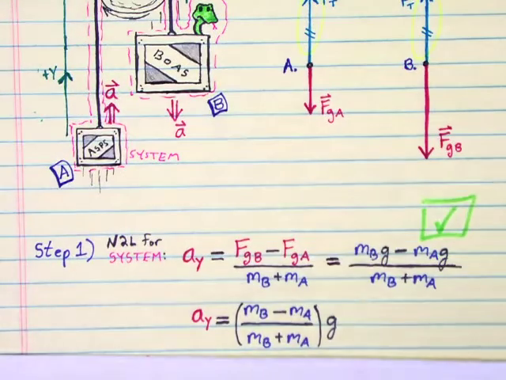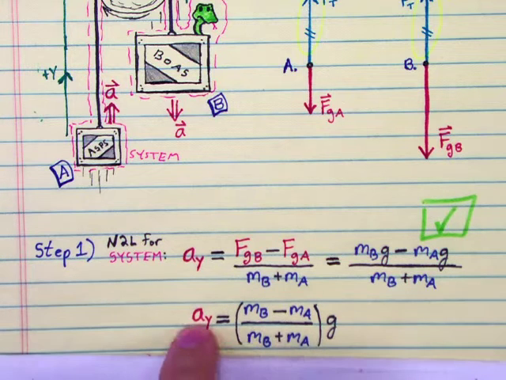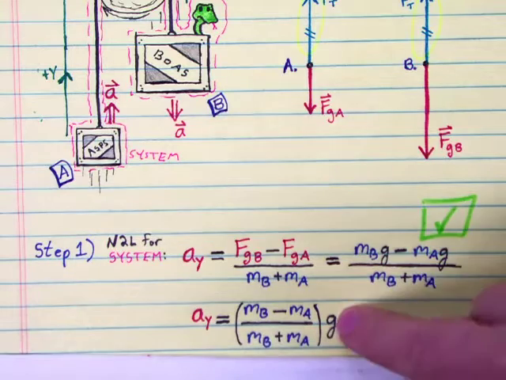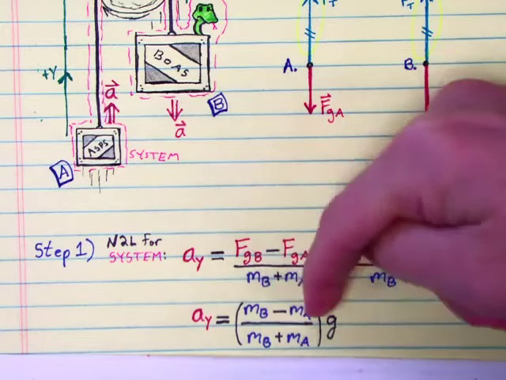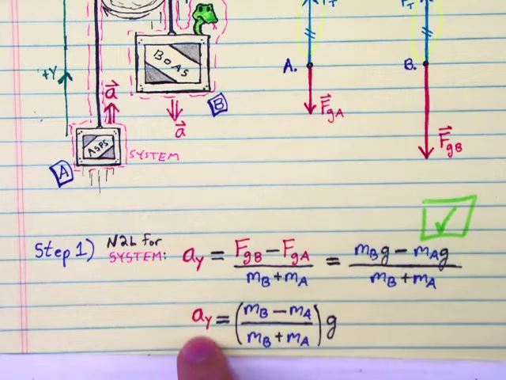And in this form, it's easy to tell that the acceleration we're going to get depends on the difference between the two masses. So I guess we've proven here that the system is guaranteed to accelerate as long as the two masses are different. We can also see that if you put the same mass on either side, the acceleration will be 0. That system would then be in dynamic equilibrium or static equilibrium.